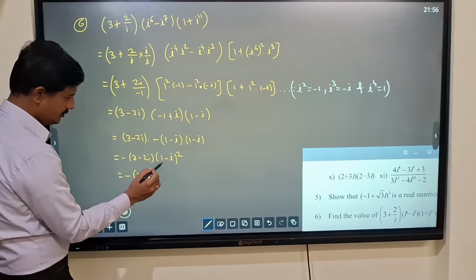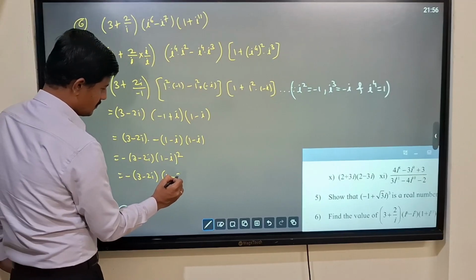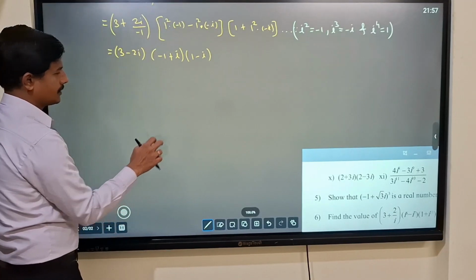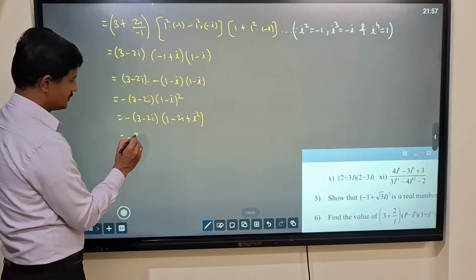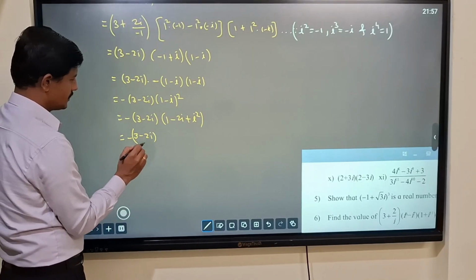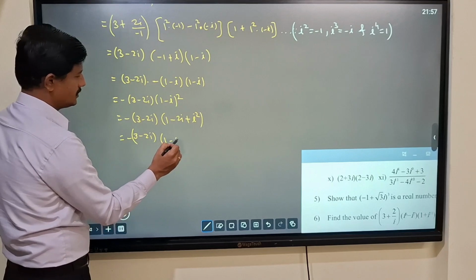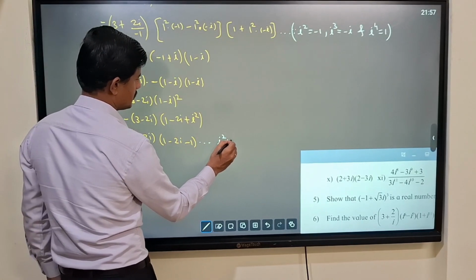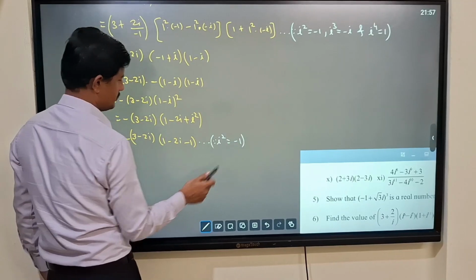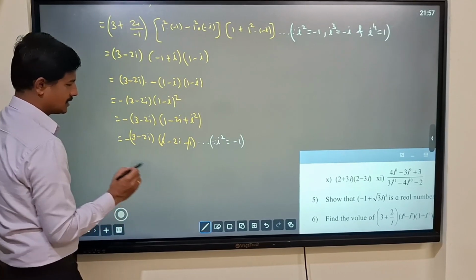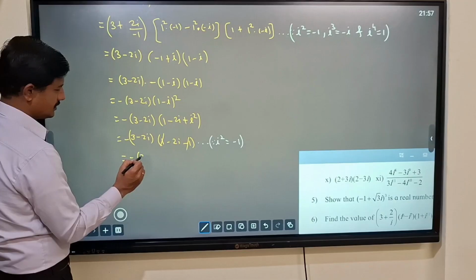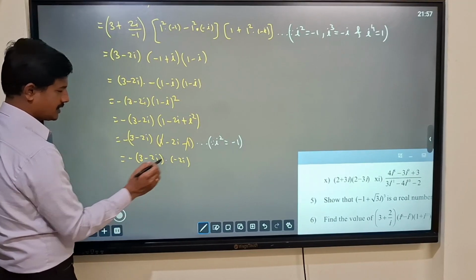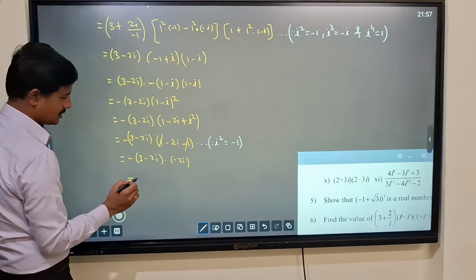(3 - 2i), expansion of this is 1 minus 2i plus i squared. This becomes minus (3 - 2i) into (1 - 2i - 1). Again here we are using i squared is simply minus 1. So plus 1 minus 1 get cancelled. Remains minus (3 - 2i) into minus 2i. This minus minus becomes plus, and this 2i gets multiplied with this.